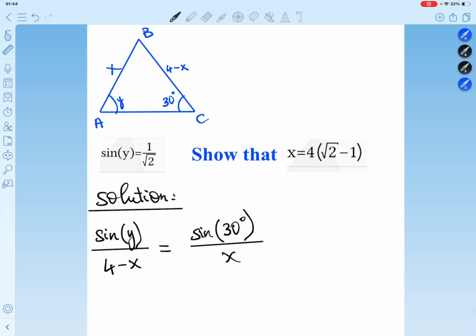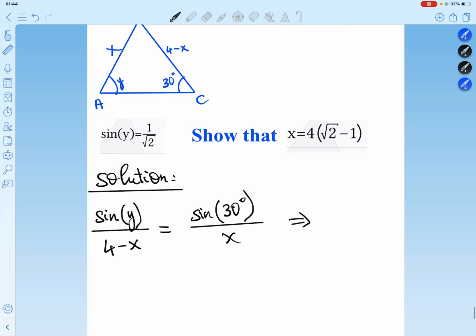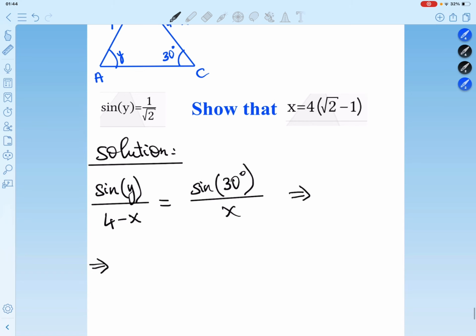So from this equation we can just work out X. So this implies we know that the sine of 30 degrees is equal to 1/2. So this implies that sine of Y over 4 minus X is equal to 1/2 over X, which is 1 over 2X, right?